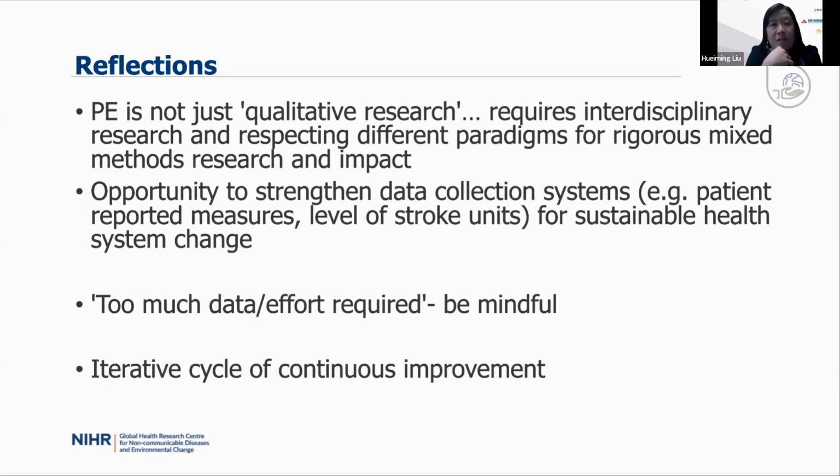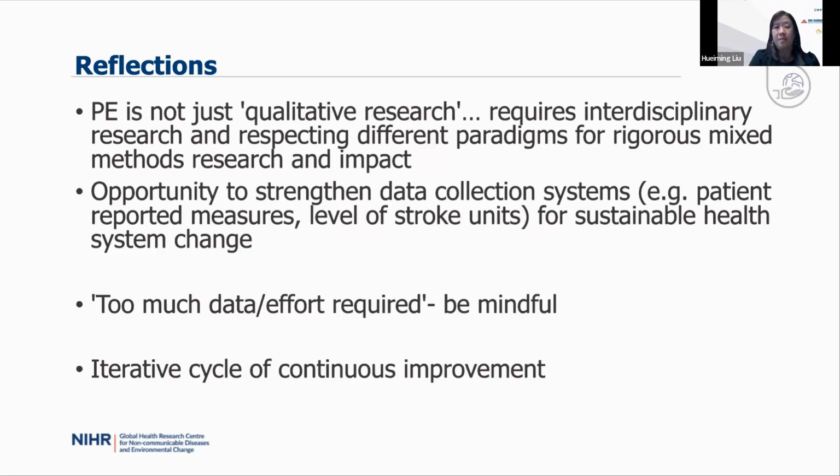And some personal reflections from different projects: often we think that process evaluation is just qualitative research, but it isn't. As we move into mixed methods research, it's really interdisciplinary, and so you really have to have a team who respects that and is able to conduct those types of analysis.